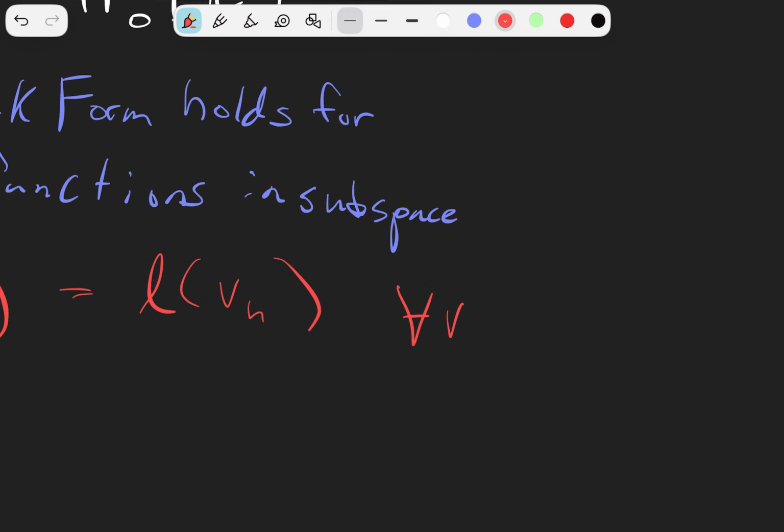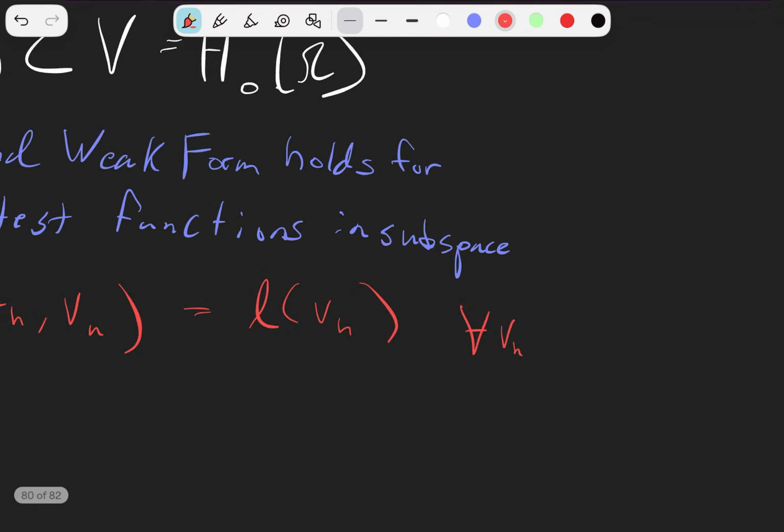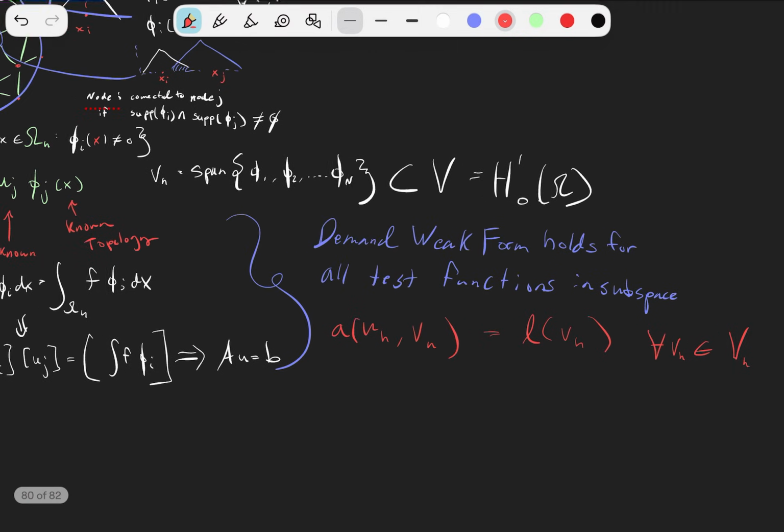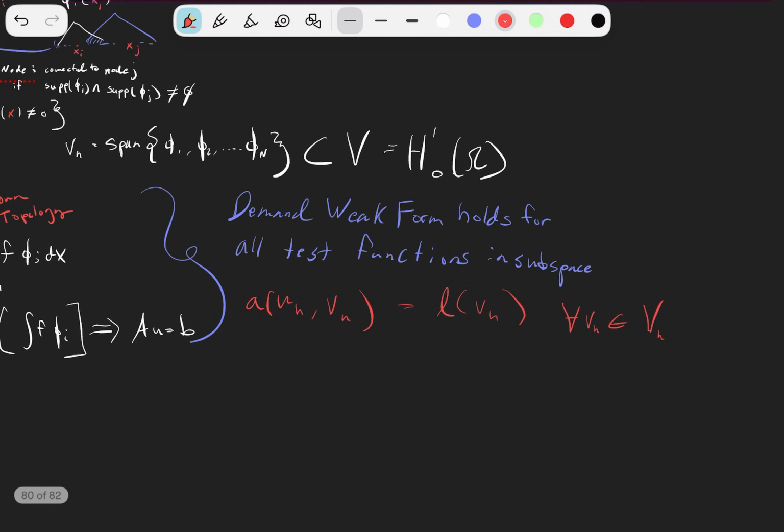And this should be satisfied for all of the test functions in whatever finite vector space that is spanned by all of those bases.